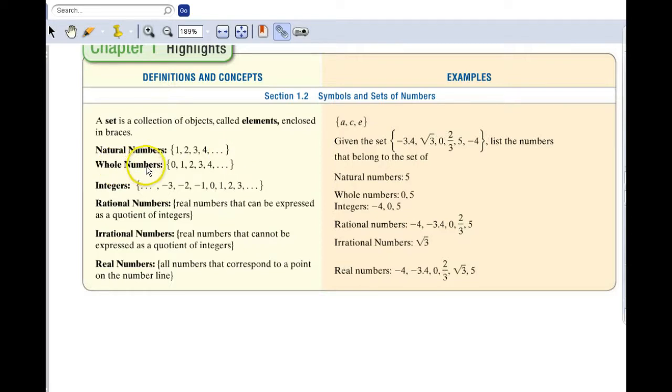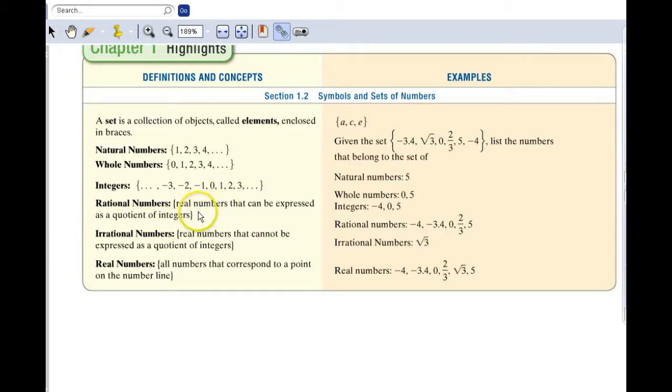Then we have the whole numbers. We just add a 0 to it. Integers are the whole numbers on the right of the number line. Then to the left are their opposites. So these make up integers. Rational numbers are real numbers that can be expressed as a quotient of integers.